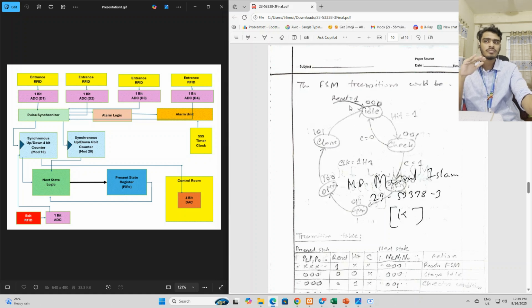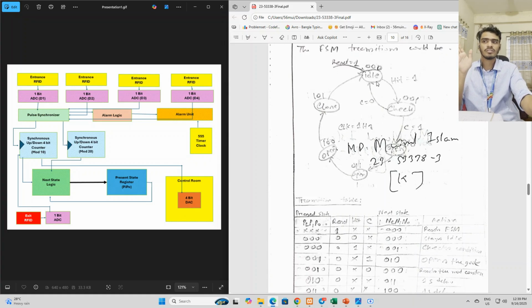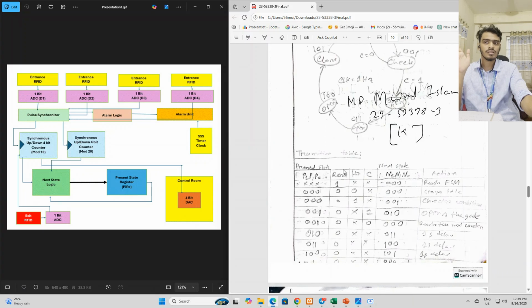And there is a reset button, so if I press reset, then wherever I am, it will go to the idle state. So this is our transition table, you can look into it. We don't have any output from this FSM.